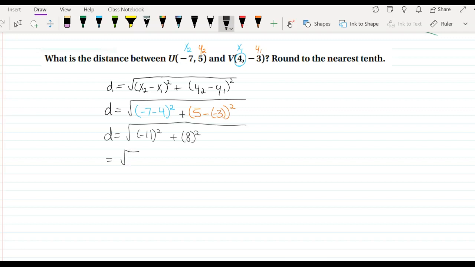So D is equal to the square root of 121 plus 64, which is equal to the square root of 185. And when I plug that in my calculator, I get the segment UV is equal to 13.6 when we round it to the nearest tenth.